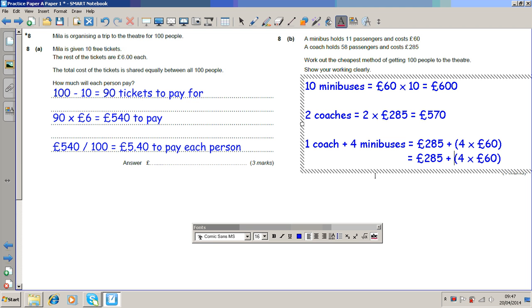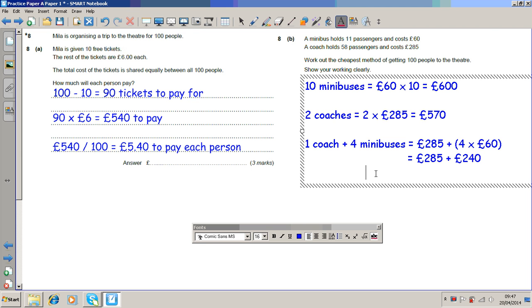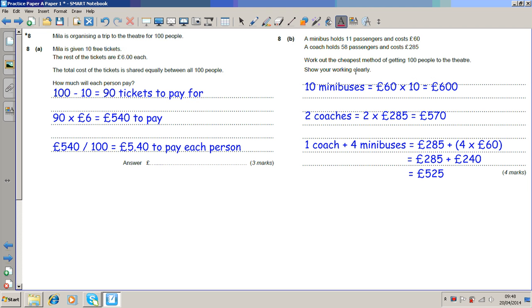So 4 times 60 is £240. And if you add them together, you've got yourself £525. So which one of them is the cheapest method of getting there? 1 coach and 4 minibuses. It's going to be the cheapest way of getting there.